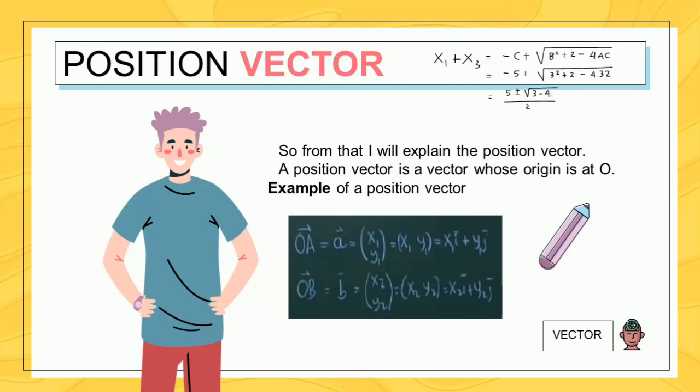And it can also be in the form of a unit vector like this: xi plus yj. This also applies to this lowercase b vector. So that's an example of a position vector.